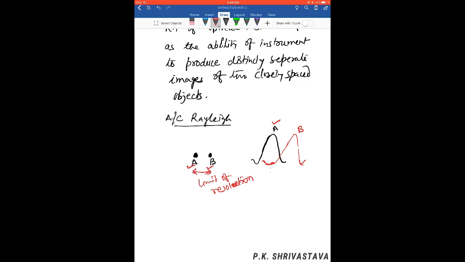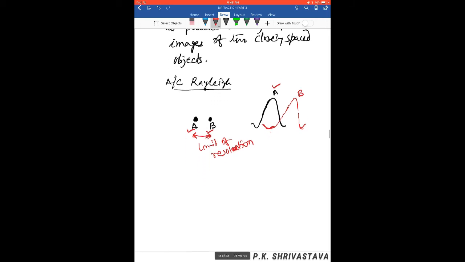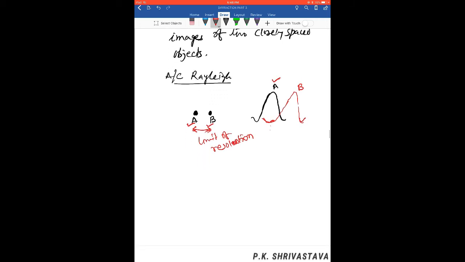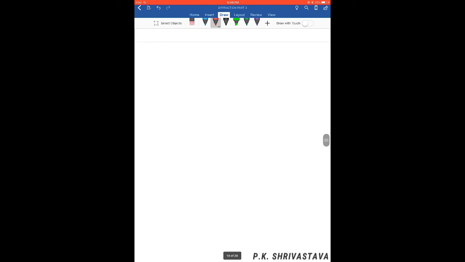Minimum distance. So, we can define the resolving power of microscope and telescope also.